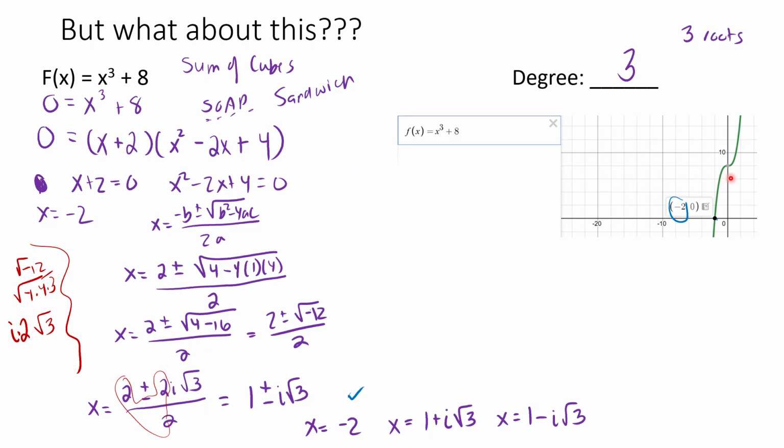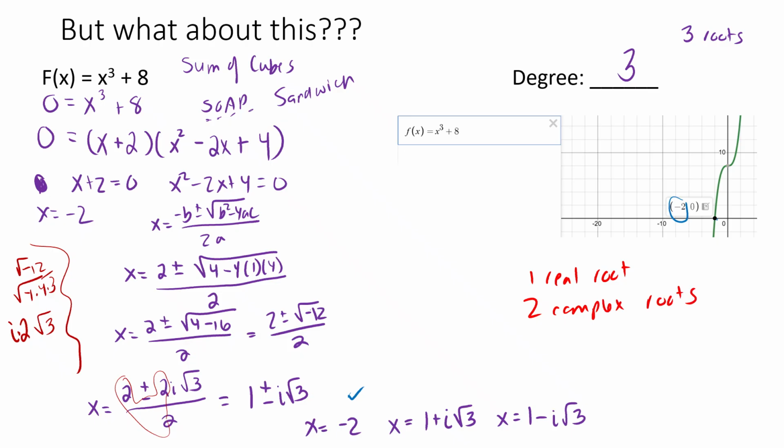If it's dipping, we can't see it. But the little bump in my cubic is floating above the x-axis and it's not generating any more zeros. That's how we know that our other two zeros are complex. So in this one, we have one real root and two complex roots.